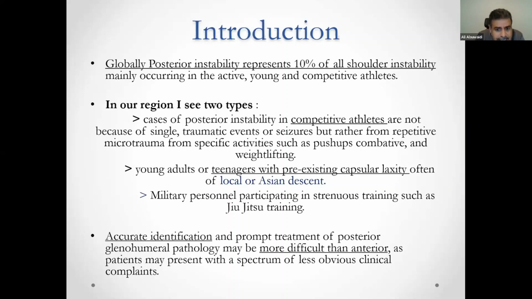Sometimes I see a single injury, but most of the time it is someone who has been going to the gym, lifting weights for many months and years, and over time this laxity with small tears develops into symptomatic posterior instability.